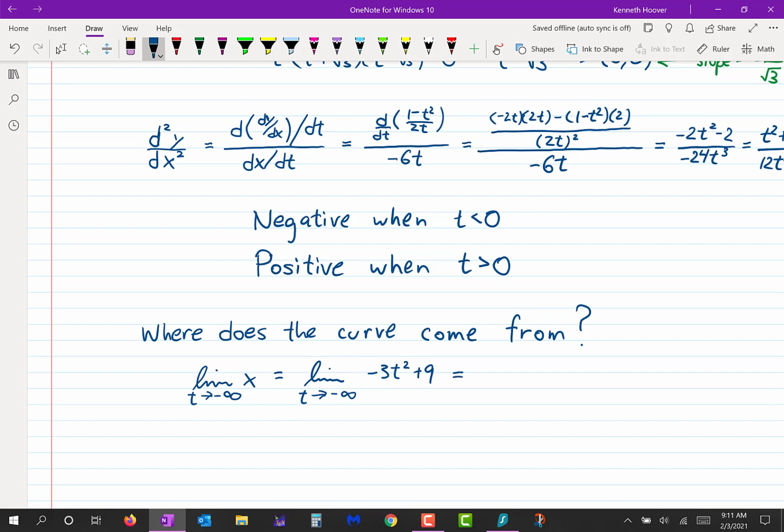And so the limit as t goes to negative infinity is negative infinity. Okay, and let's find the limit of y as t goes to negative infinity.